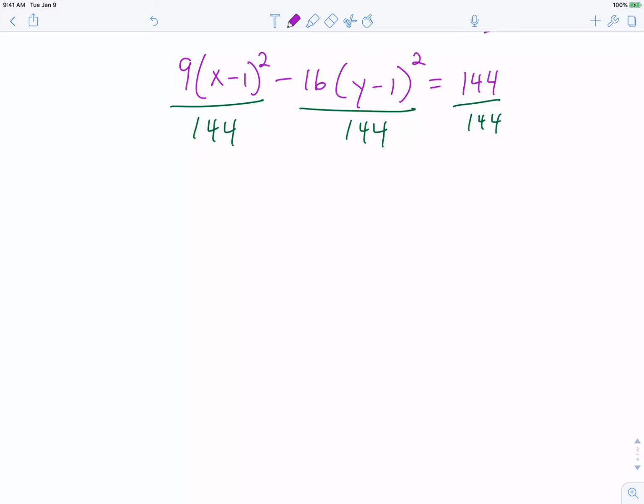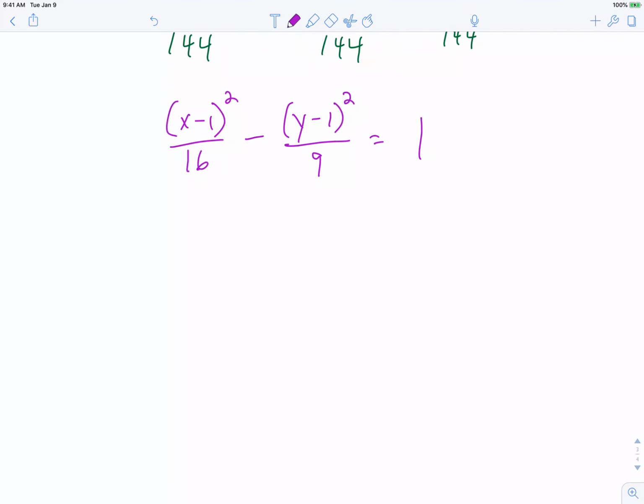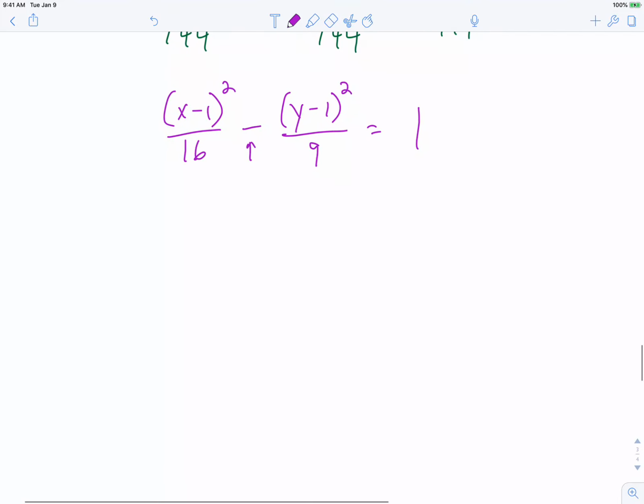So yeah, it goes in 16 times. So this will be x minus 1 squared over 16 minus, 144, 16 goes in 9 times then, right? So y minus 1 squared over 9 equals 1. So we got our hyperbola here because we've got subtraction.